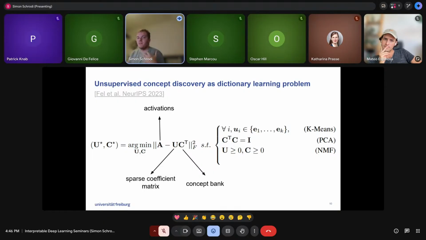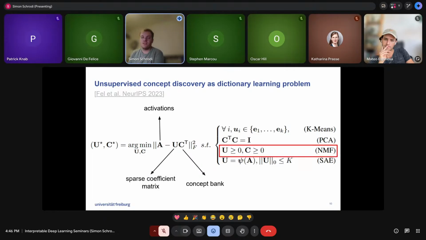This makes the decomposition learn a part-based representation, which makes it interpretable. And the last one is sparse autoencoders, which got popular lately, where you replace this U with some encoder, which can actually be nonlinear, and then you get interpretability by forcing a sparsity constraint on this encoder.